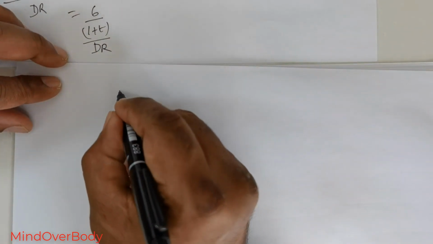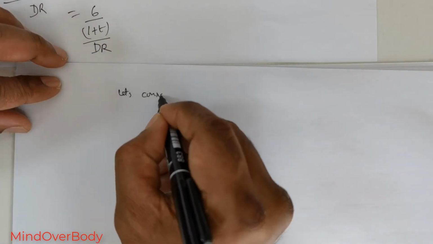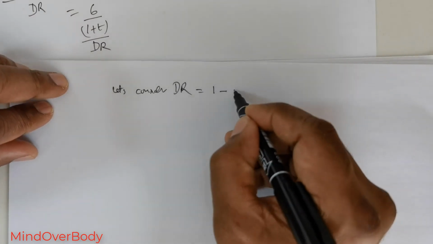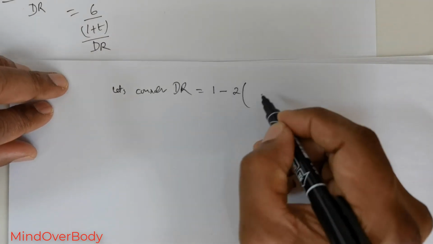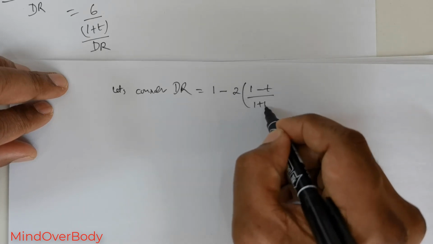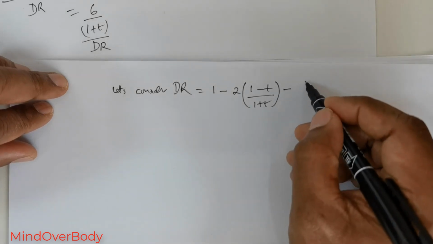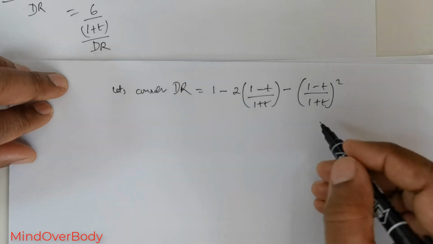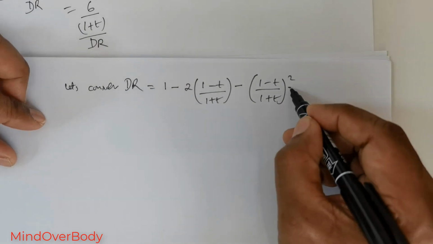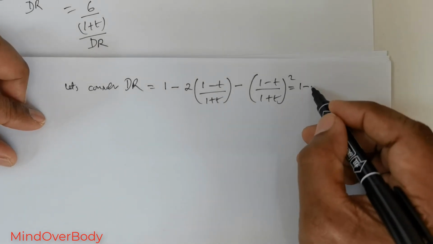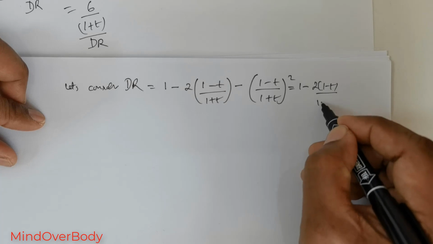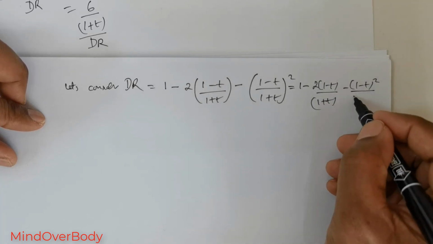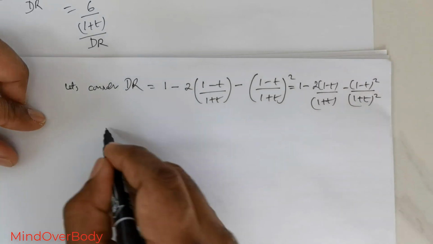Now what is the denominator? Let's consider the denominator. It's 1 − 2 times (1 − t) divided by (1 + t), minus ((1 − t) divided by (1 + t)) raised to the power of 2. Now if you were to rewrite this, you can rewrite this as 1 − 2 times (1 − t) divided by (1 + t), minus (1 − t)² divided by (1 + t)².